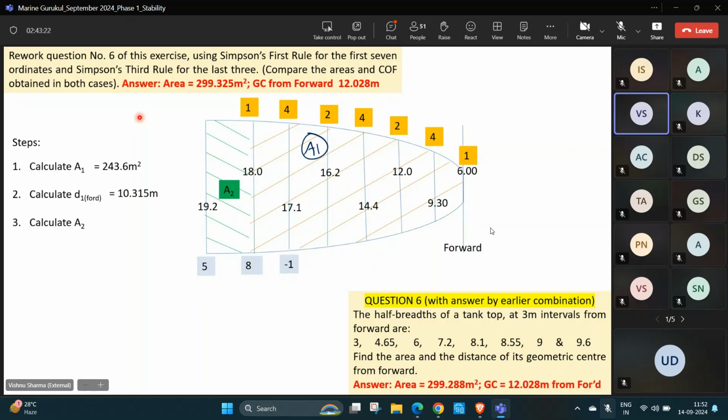Can you now calculate A2 and give me the answer, beta? 55.725 meters square, sir. Okay, you're correct. 55.725. Let others also do.